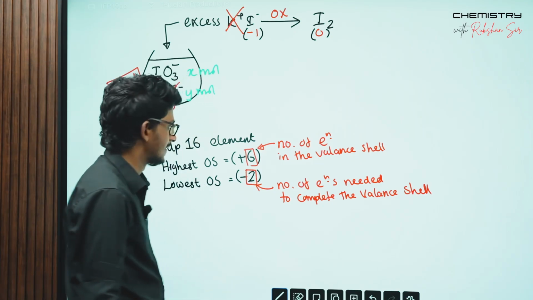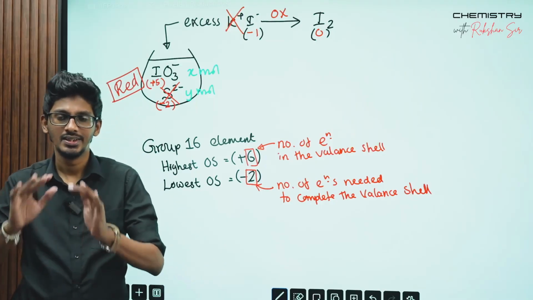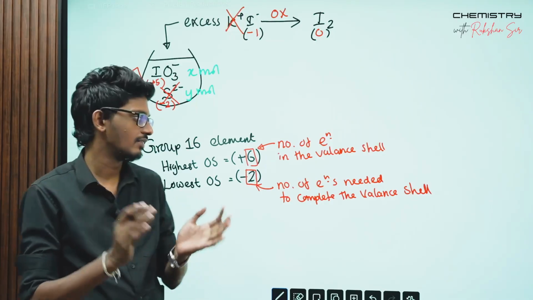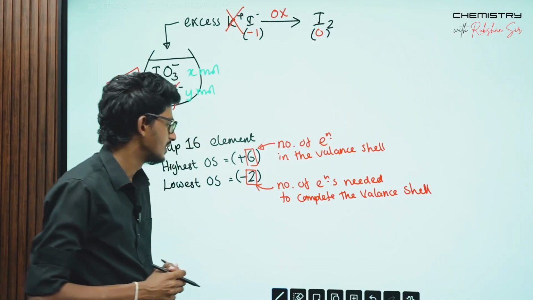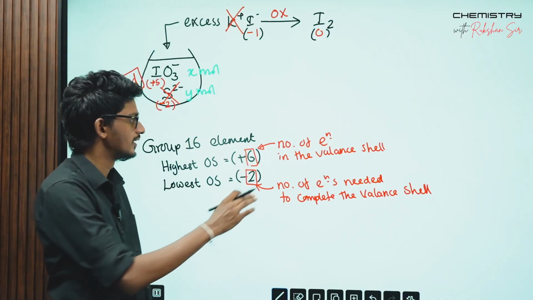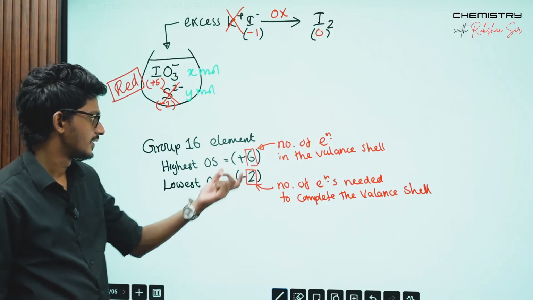So basically, those are the two methods available to come up with a complete outermost shell. By releasing all the 6 electrons of your outermost shell, for sulfur group 16, you can come up with a complete outermost shell.